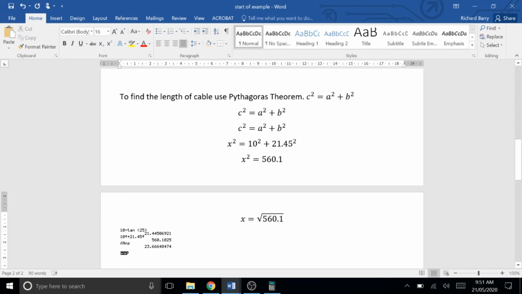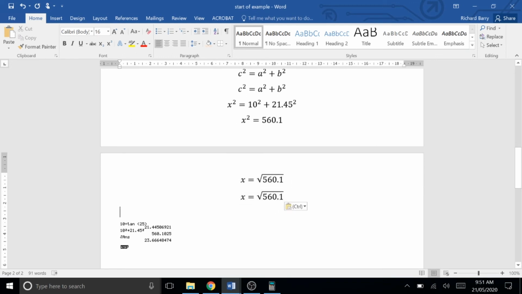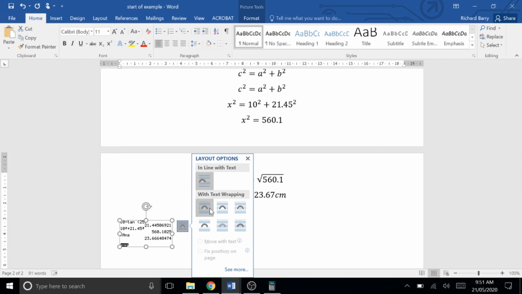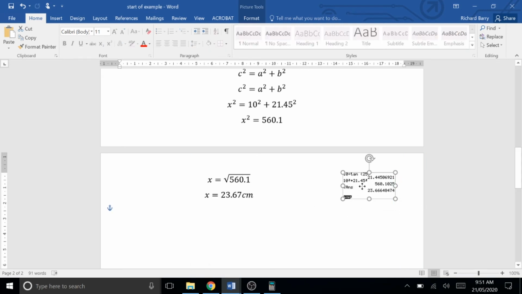Copy, new line, paste it in, 23.6666667 centimeters. Okay, so I just want to wrap this around so it's just sitting in the background there. So we'll choose one of these so I can just sit here. People can see that calculation from the calculator.